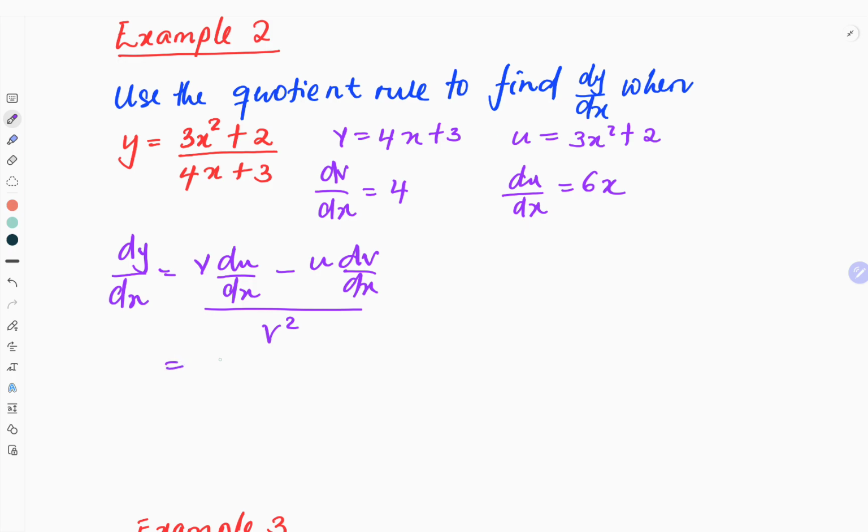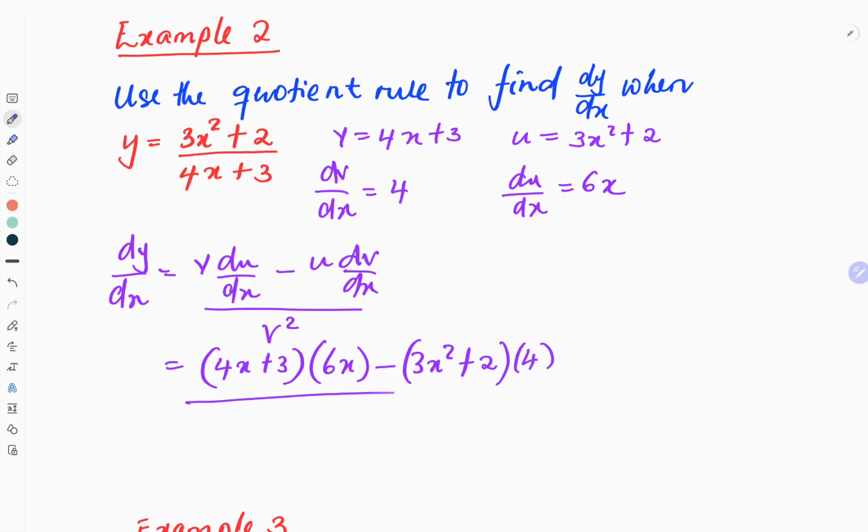Then we just do some simple substitution. Our v here is 4x plus 3, bracket, multiplied by du dx, which is 6x, minus u, which is 3x squared plus 2, bracket, times dv dx, which is 4, all divided by 4x plus 3, bracket squared.